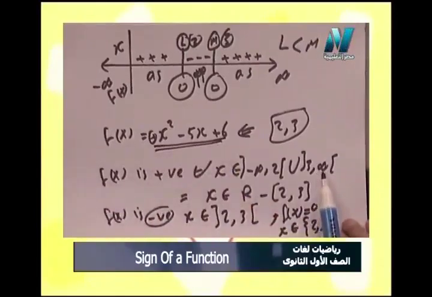So let's discuss some other quadratic functions. We discussed the quadratic function with two roots, but if we have just one root, or two equal roots, let's see this function. Concentrate with me.